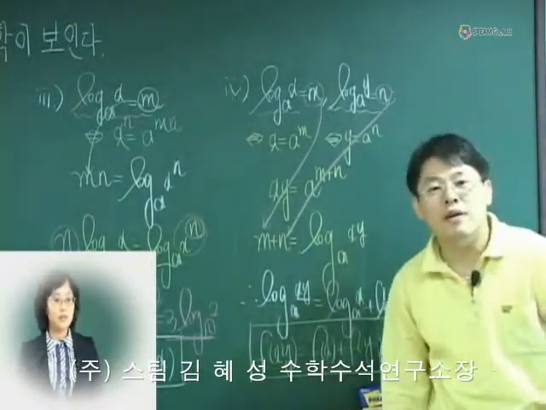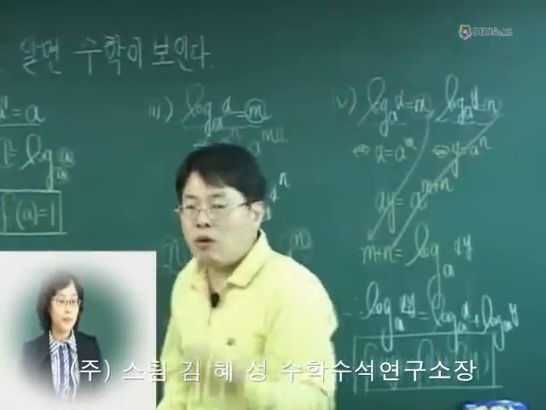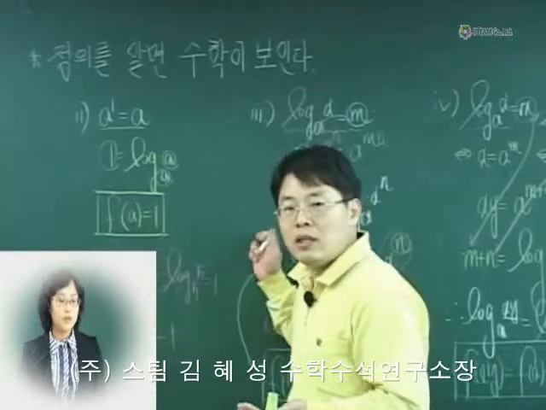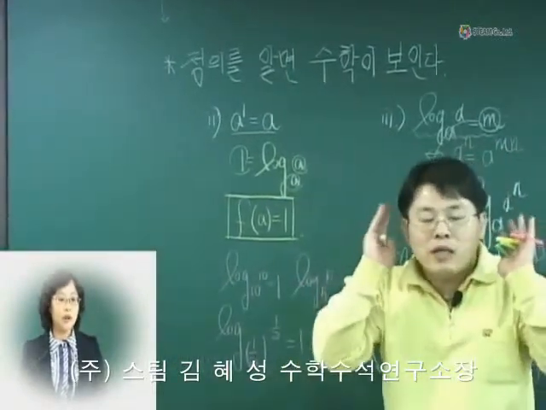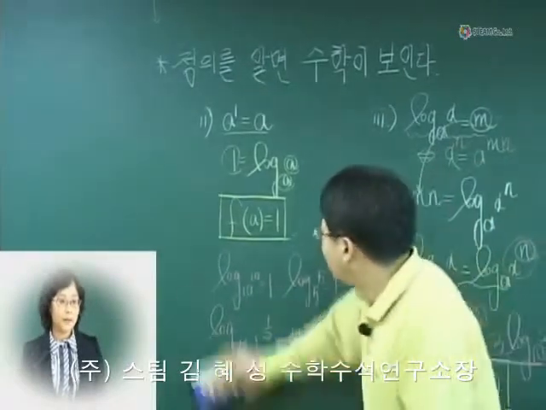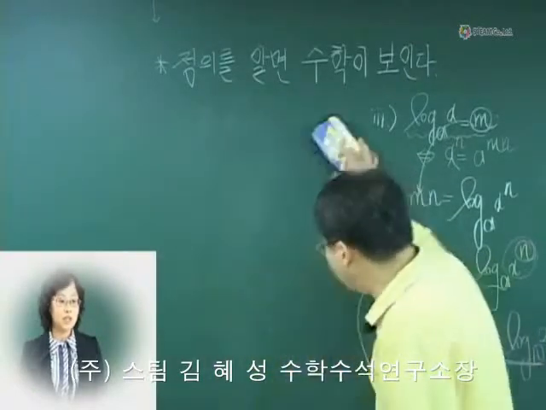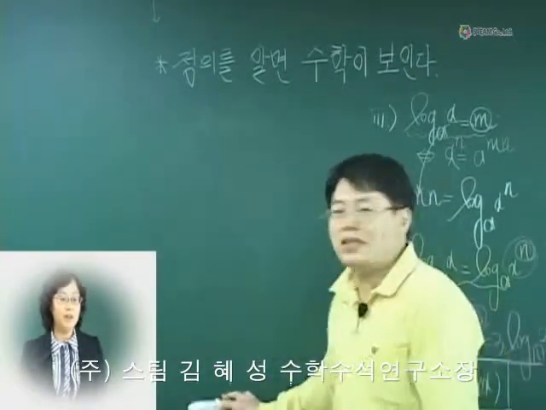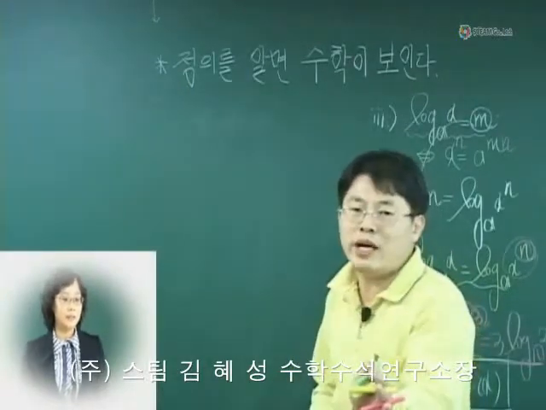If you don't study horizontally, if you study vertically, there are too many formulas and you get so complicated. Not only you students, but also teachers should teach math very simply. Otherwise you just get very complicated.